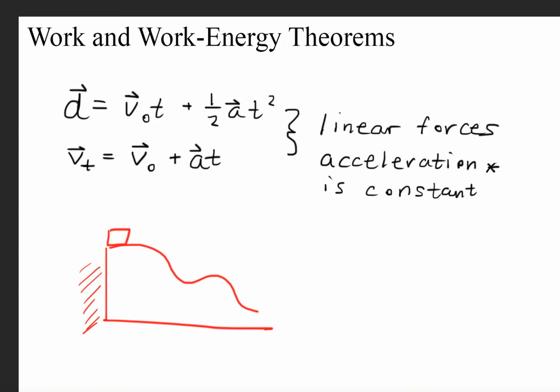And using the equations of motion right here is impractical, and we can use a better method. And this is where work and the work energy theorems come into play. We use the work and work energy theorems whenever our acceleration is not constant, if it's always changing.